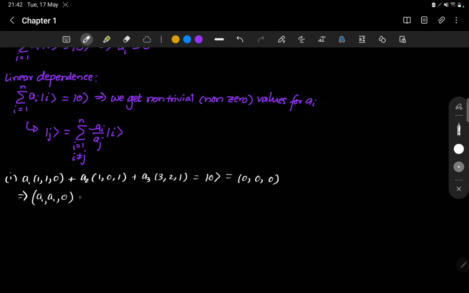Then we get this, from the definition of scalar multiplication.